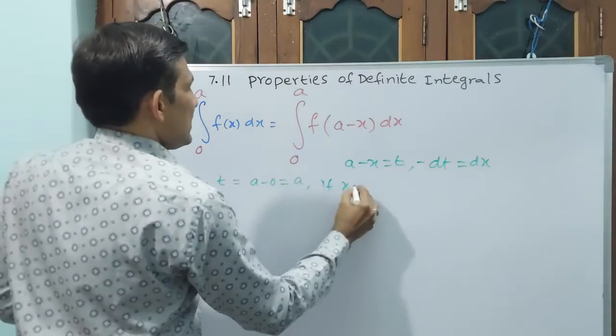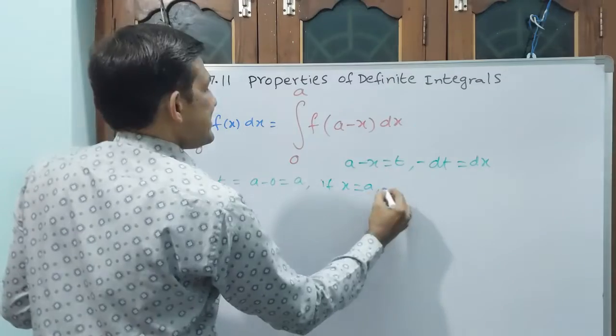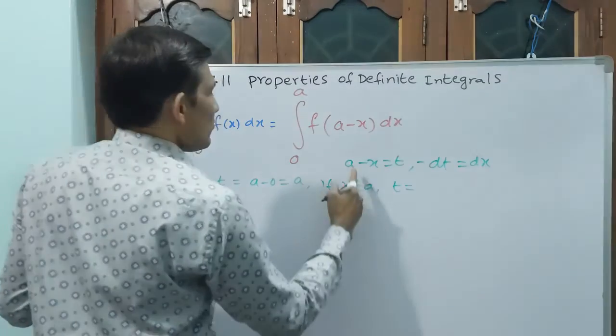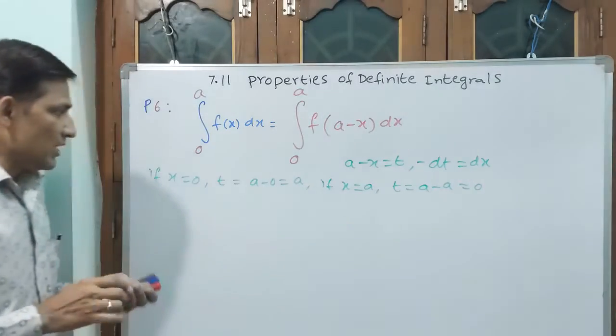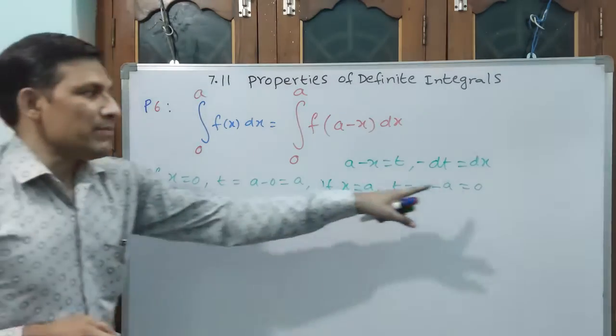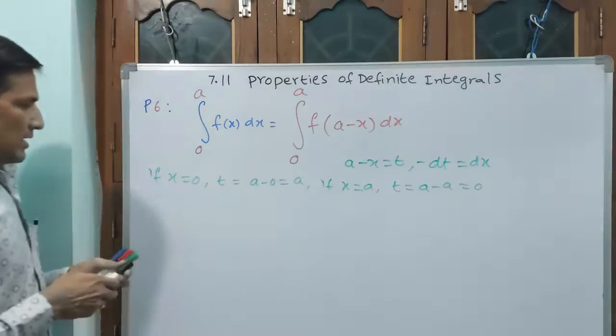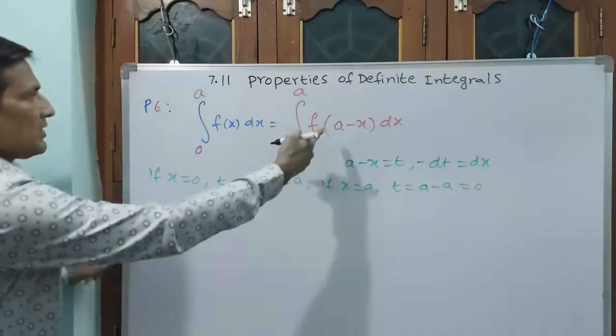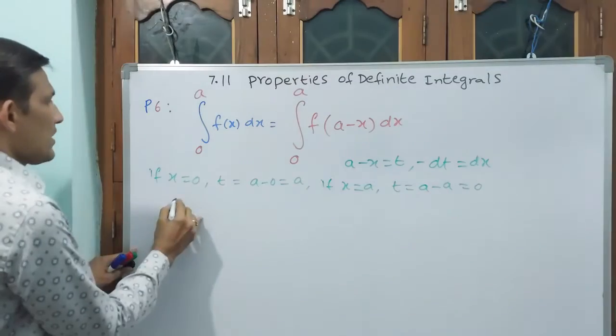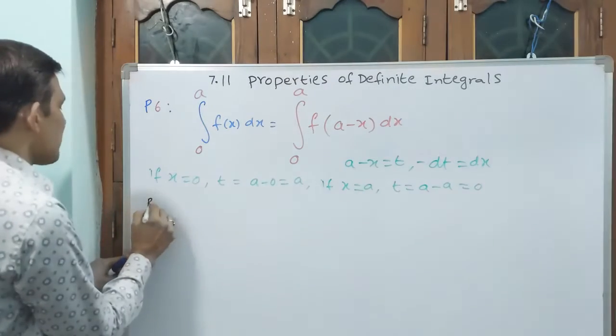If x is equal to a, then t is equal to a minus a, that is equal to 0. That means the lower limit is a, upper limit is 0. It has become so. Write down. See how I am writing this. The LHS, RHS I am taking.